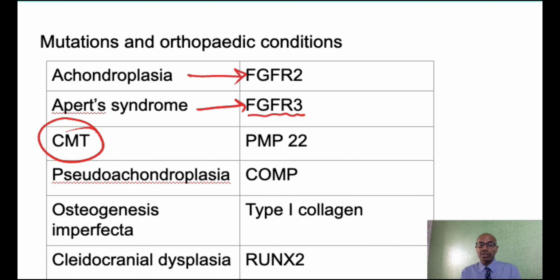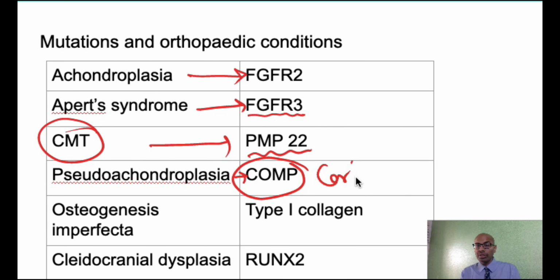Charcot-Marie-Tooth disease, CMT, where you have decreased sensation and deformities mostly in the foot, can happen in the upper limb as well, has a PMP22 mutation, which is a defect in the myelination process. Then you have pseudoachondroplasia, which has a COMP mutation, causing a problem with cartilage formation.